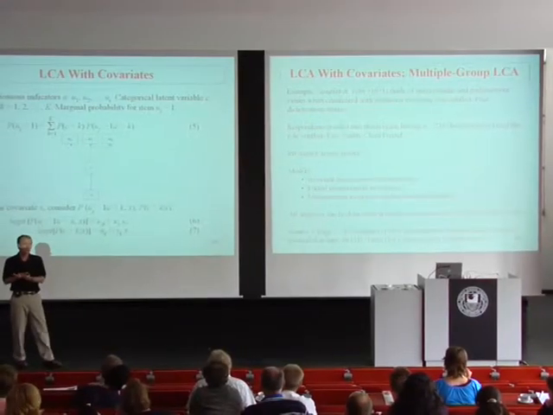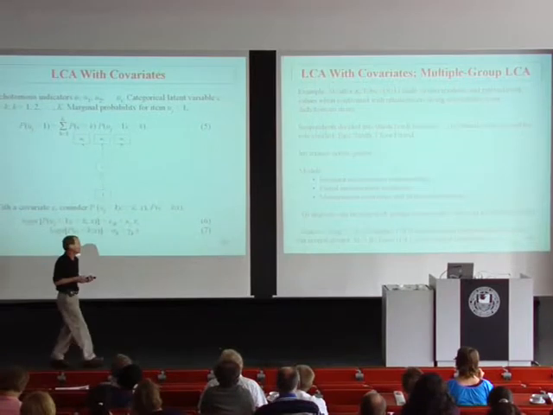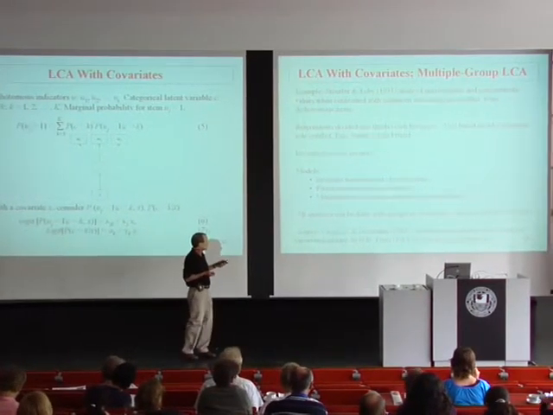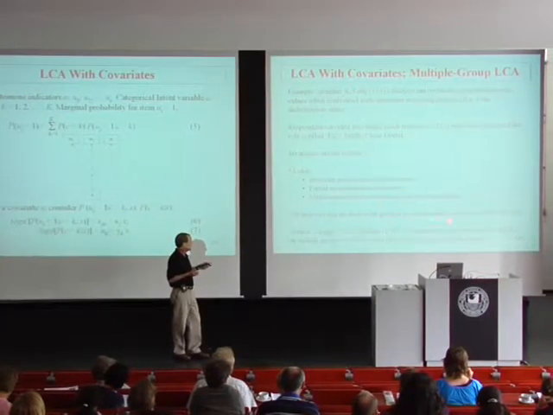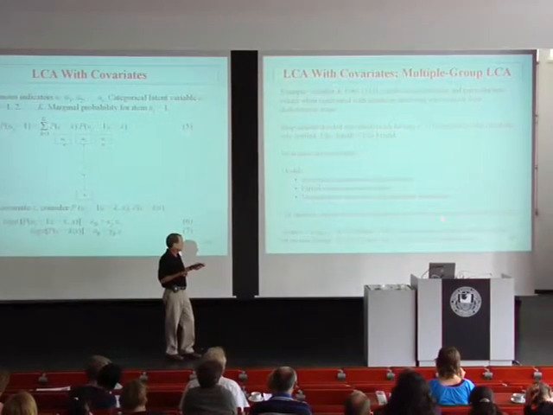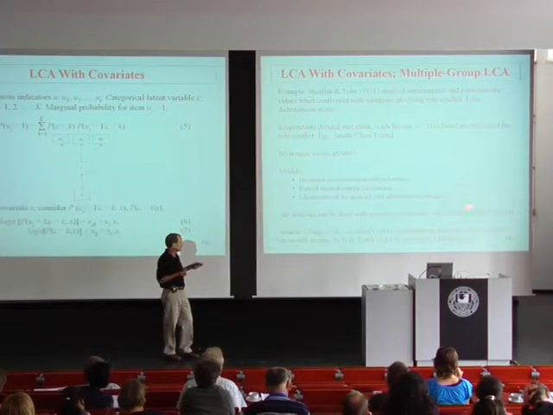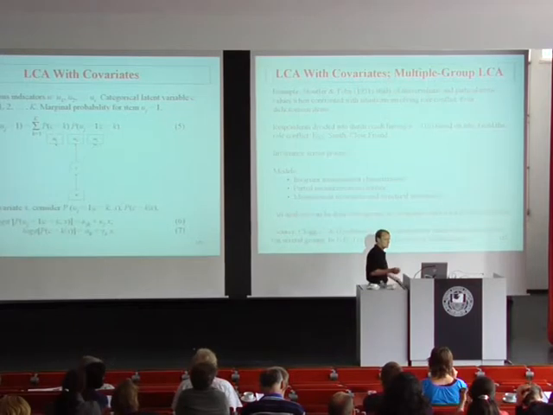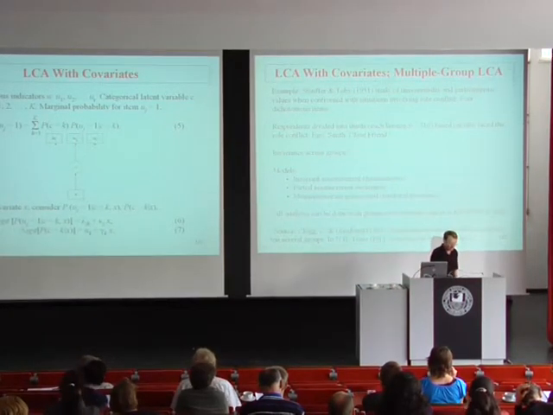But unlike the multiple group analysis, the subpopulations are not known. But here, in multiple group analysis, the class membership is known, and we handle that through mixture modeling, but where you know which class an individual is in. So the multiple group option is possible for when you prefer to do it that way.